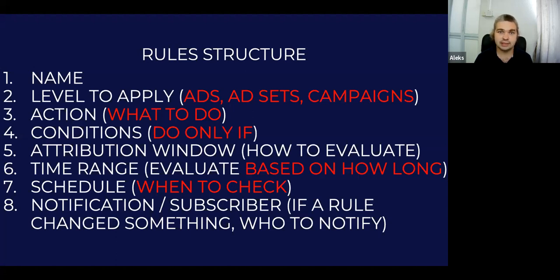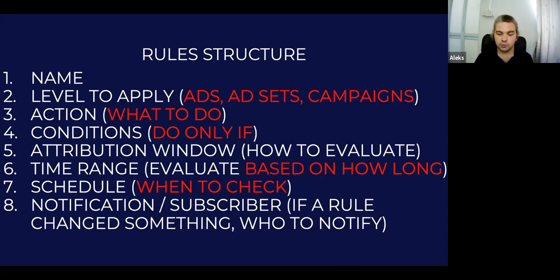All ads inside an ad set form the cost per result of the ad set, and all ad sets inside a campaign form the cost per result of a campaign. You can also see the cost per result of the ad account when you see the statistics of all campaigns combined. So it's like a hierarchy, as a tree: ad account, then many campaigns inside, under campaigns many ad sets, and one or many ads. So this number 2 is the level to apply.